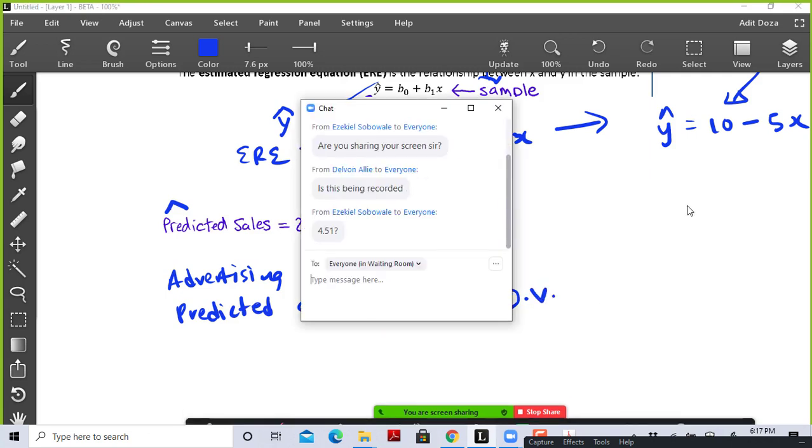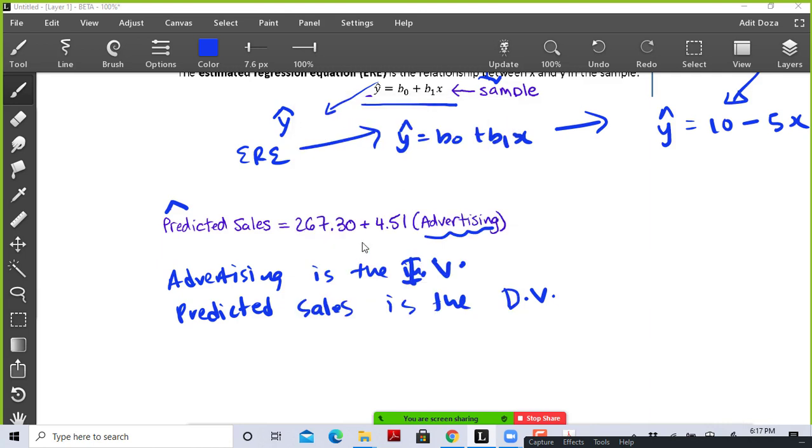Let's see, has anyone asked any question? That's the slope. 4.51 is the slope. So if advertising changed by 1 unit, how many units would the predicted sales change by? 4.51, I'm guessing.